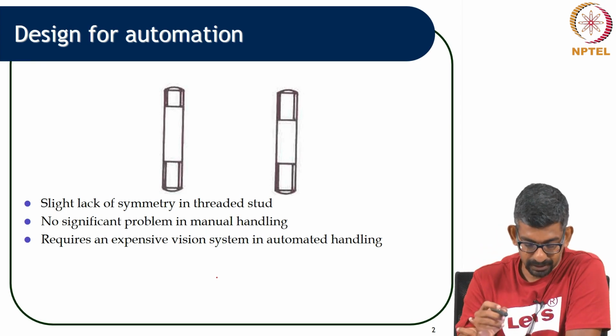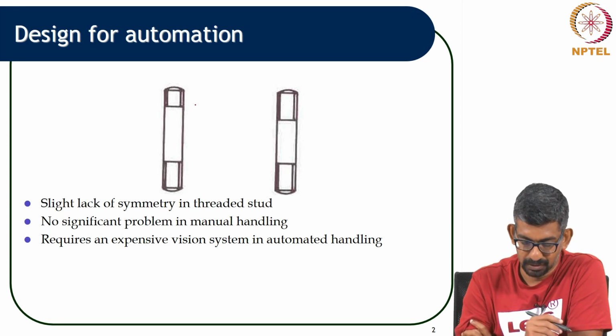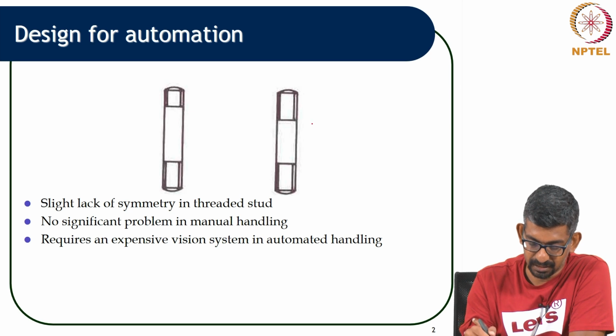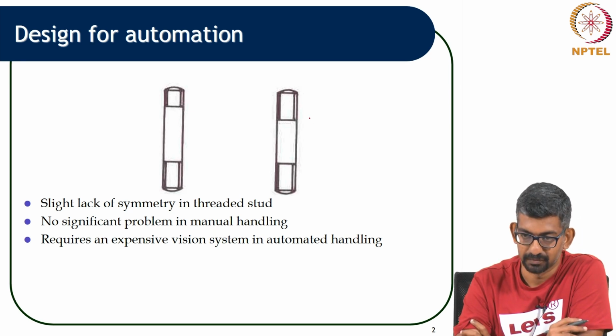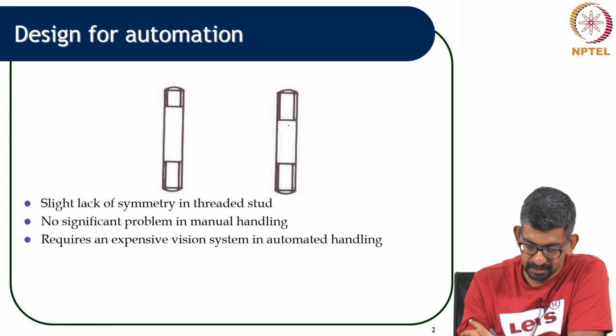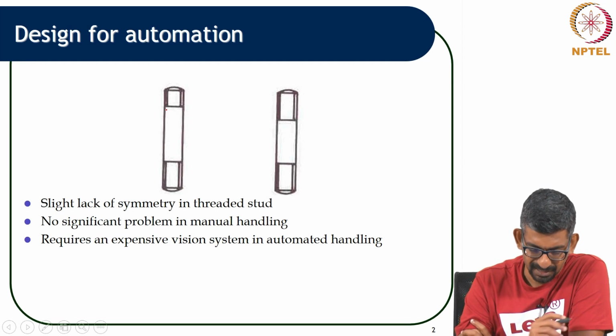If you look at these two threaded studs, you can see that there is a lack of symmetry in this stud compared to this stud. These are basically the threads here. This is a symmetric thread and this is an asymmetric thread. There is a slight lack of symmetry.